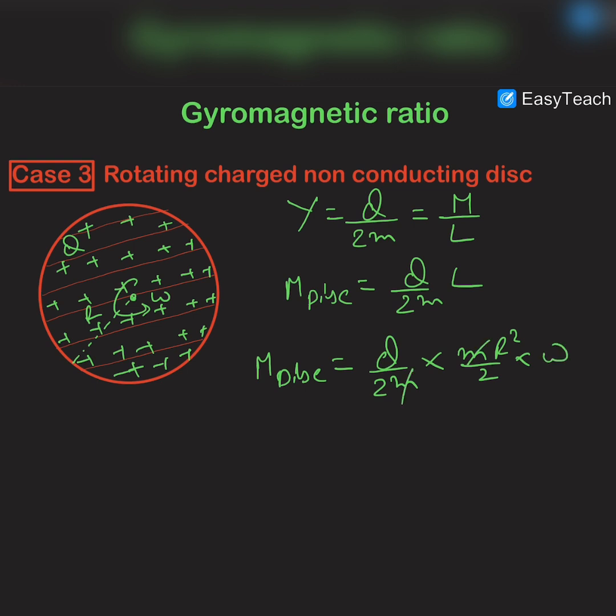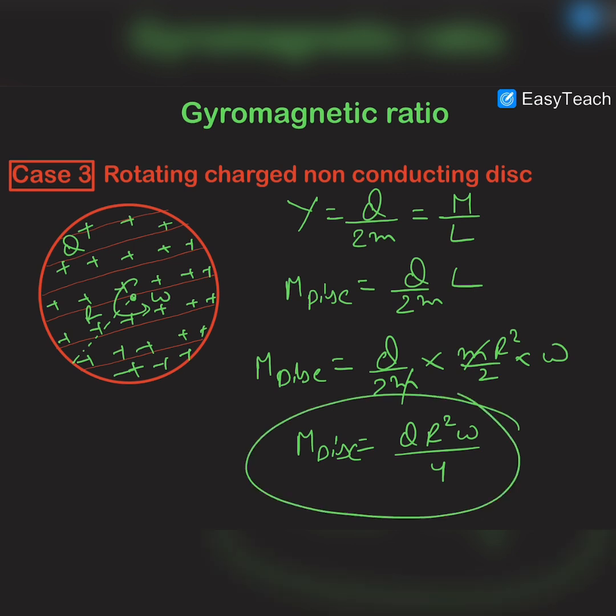Cancelling m with m, M of this disk will be equal to q r square omega by 4. This will be the magnetic moment of this disk, and we can find it by the gyromagnetic ratio.